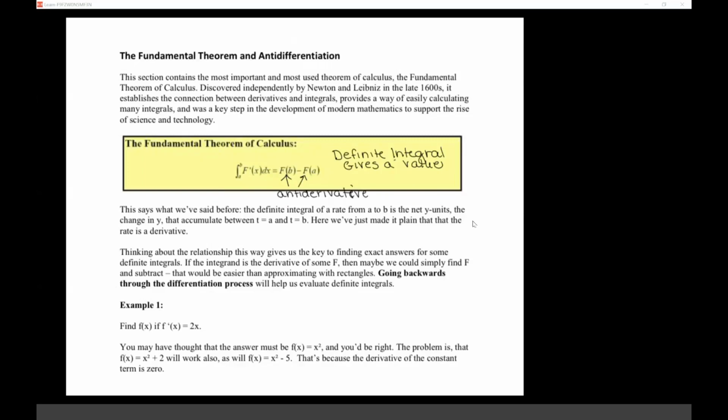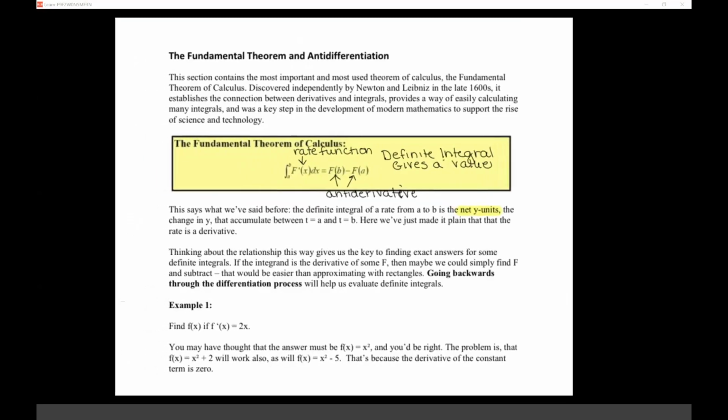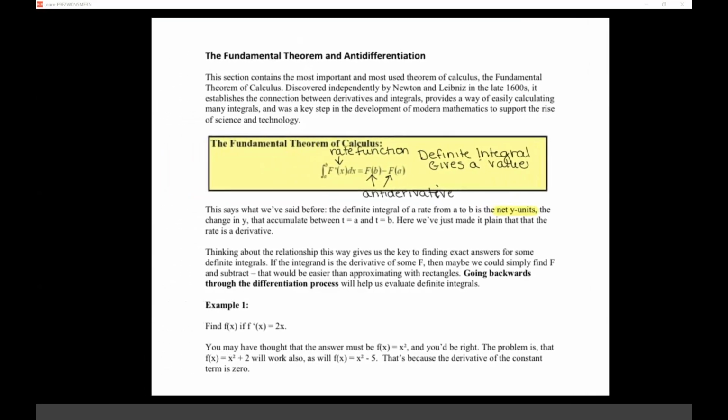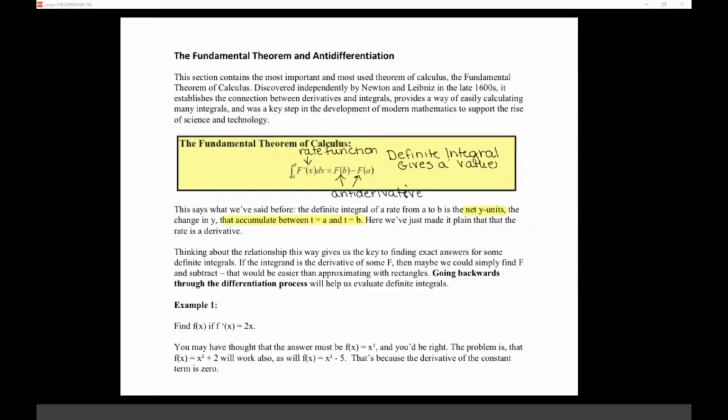And here it is in words. So again, this is important that this is a rate function. They won't always put the prime on it. And when you integrate it, the definite integral, it's giving you the net change in y units. It's the accumulation, the change in y that accumulates between the bounds.